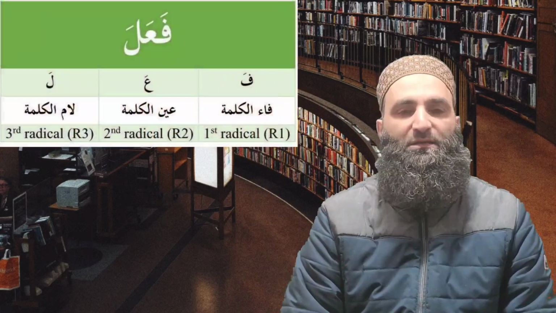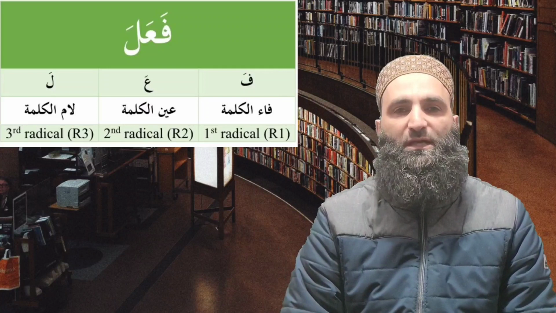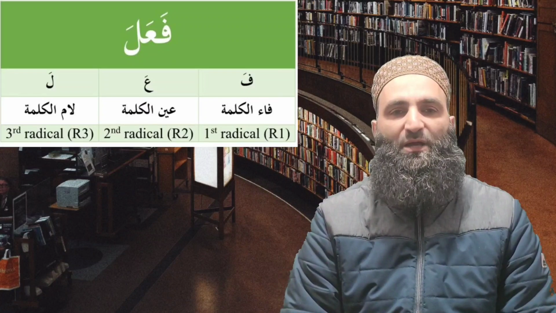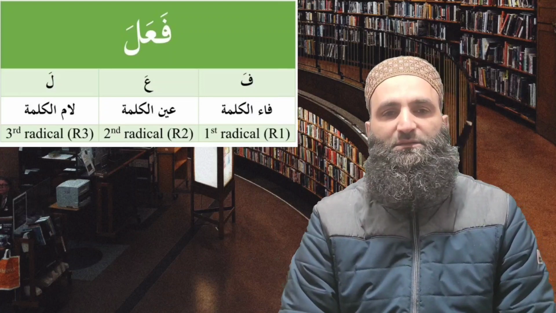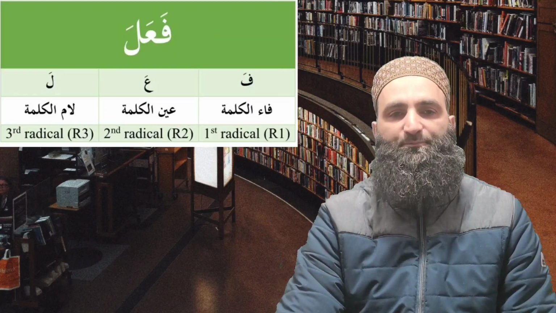Look at the following table to understand it properly. So we have fa'ala. The first one is fa, so we say this is fa'ul kalima. Then the second radical, we say it is ainul kalima, and the third radical, we say it is lamul kalima.